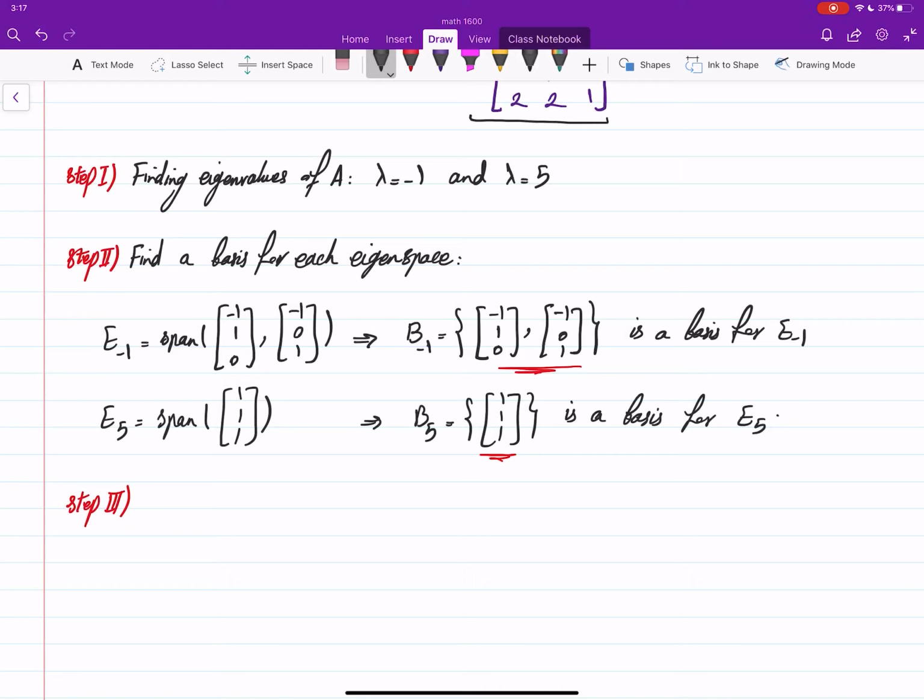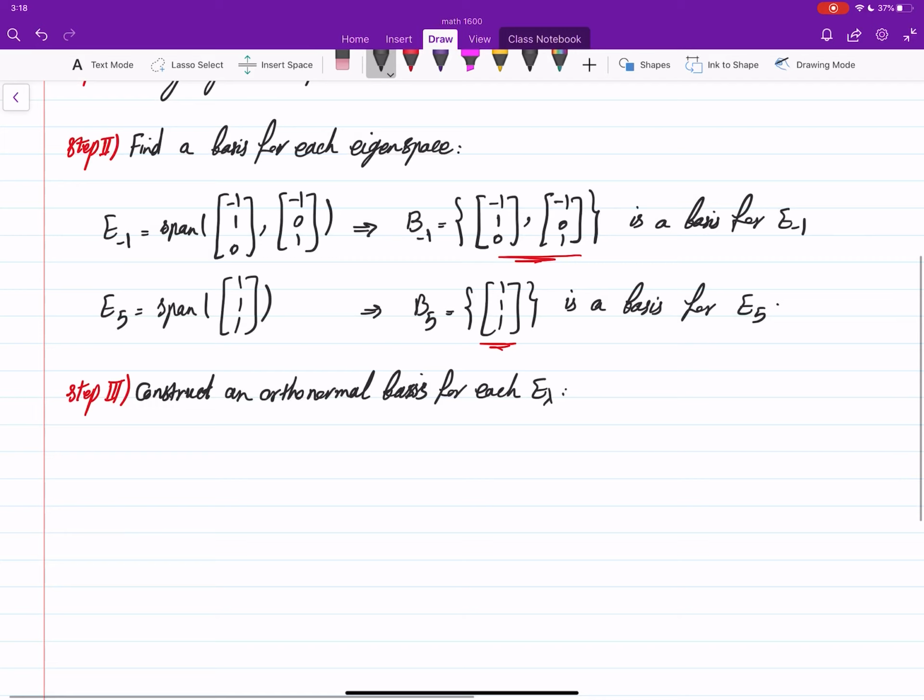But now we are looking for an orthogonal matrix. That means that we have to construct an orthonormal basis for each E lambda.